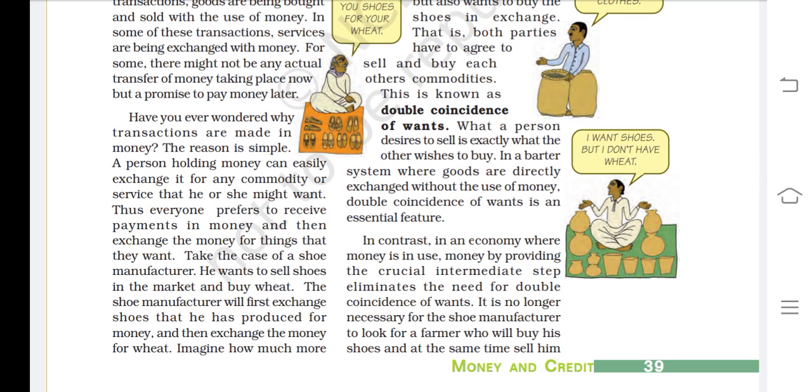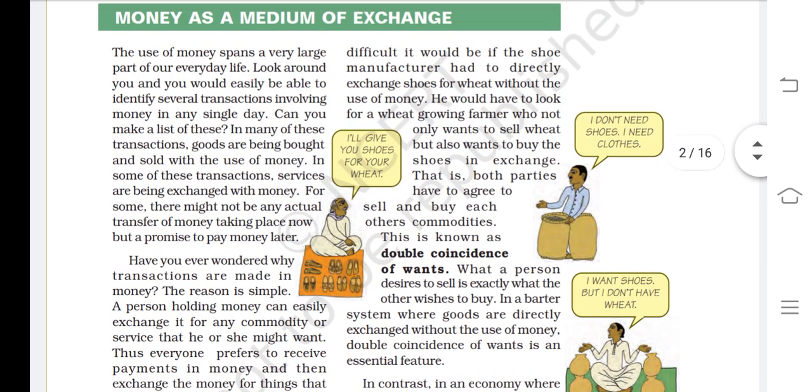He sells in the market and first exchanges the shoes that he has produced for money and then exchanges the money for wheat. Imagine how difficult it would be if the shoe manufacturer had to directly exchange shoes for wheat without the use of money. He would have to look for a wheat growing farmer who not only wants to sell wheat but also wants to buy the shoes in exchange.